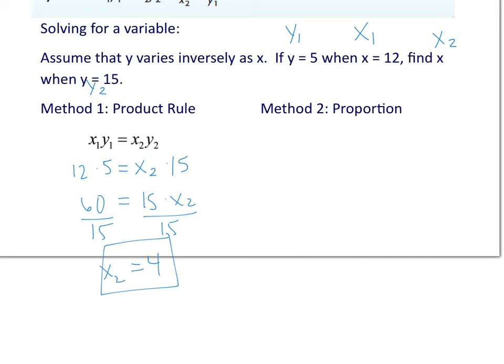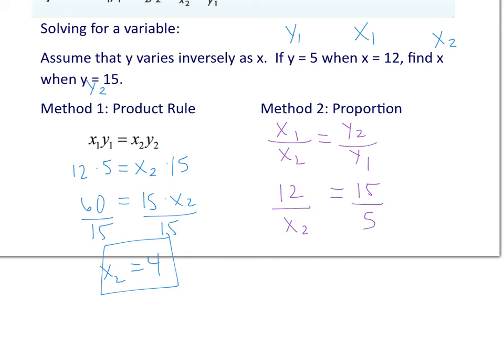Or we could use method 2, which is setting up a proportion. This is saying x sub 1 over x sub 2 has to be equal to y sub 2 over y sub 1. Now we can solve for x sub 2 this way, and we should get the same answer. So I would say x sub 1 is 12 over x sub 2, which is our unknown, and that's equal to 15 over 5.